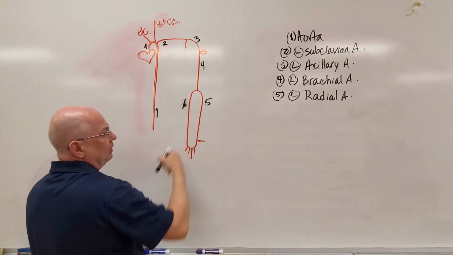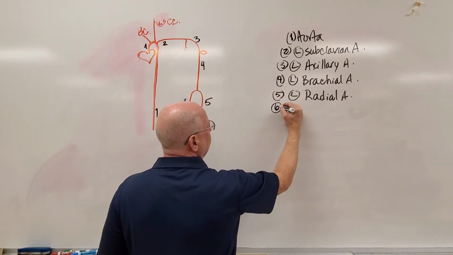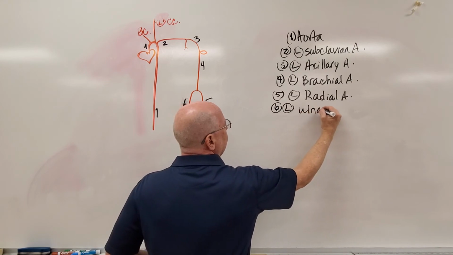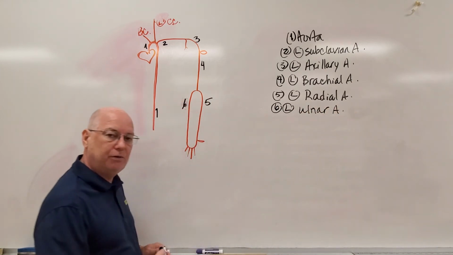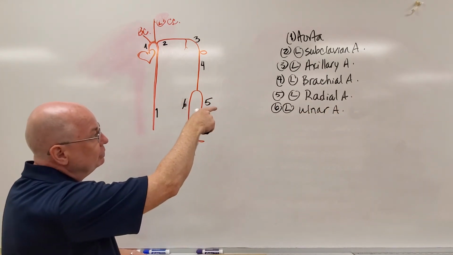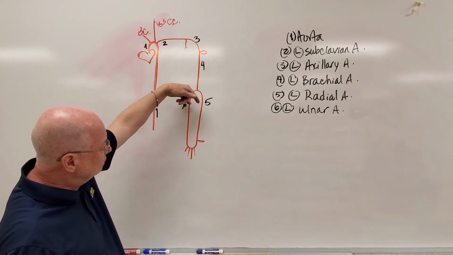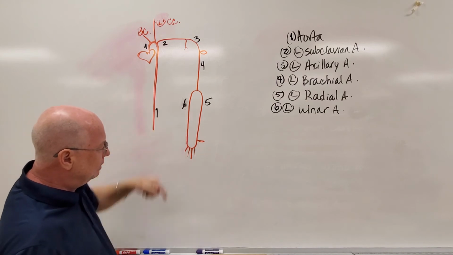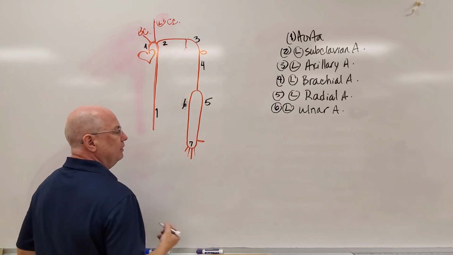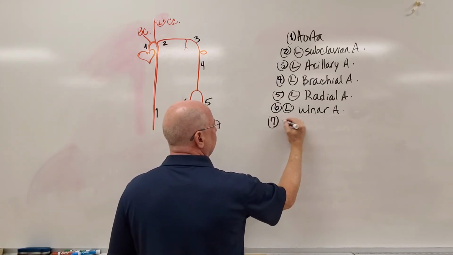And then over here on this side would be the left ulnar artery. So learning your anatomy of the bones in part 1 and your body regions is going to help us learn all of these vessels. Now the radial and the ulnar arteries will come down and they're going to meet right down here, and that is called the left palmar arch.